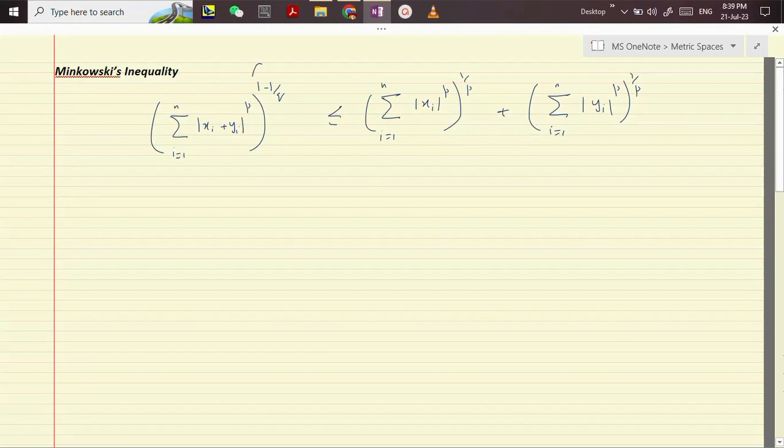And what is 1 minus 1 by q? This is equal to 1 by p.